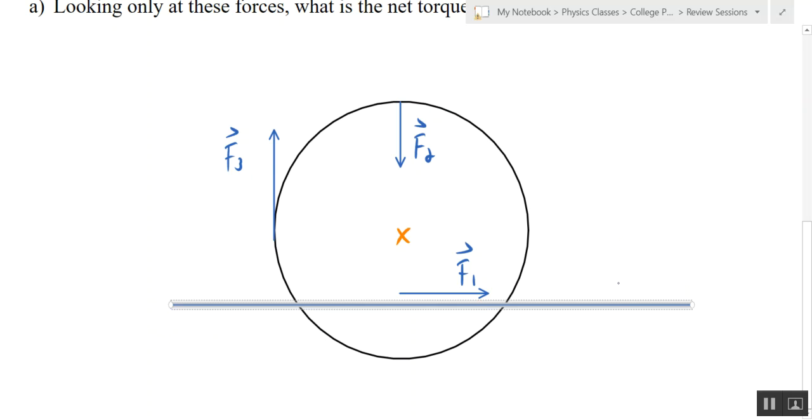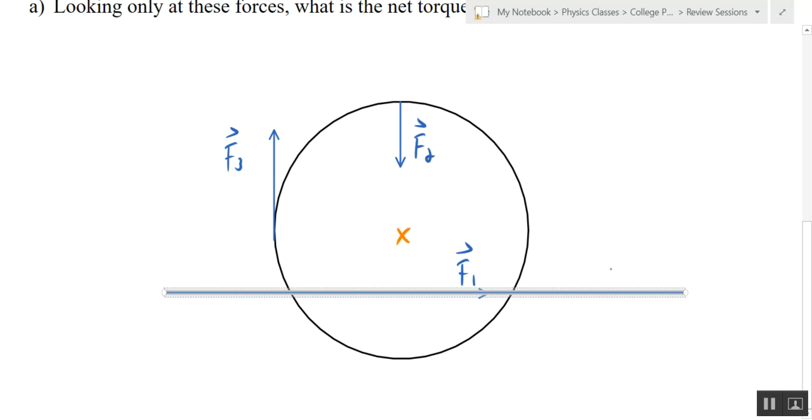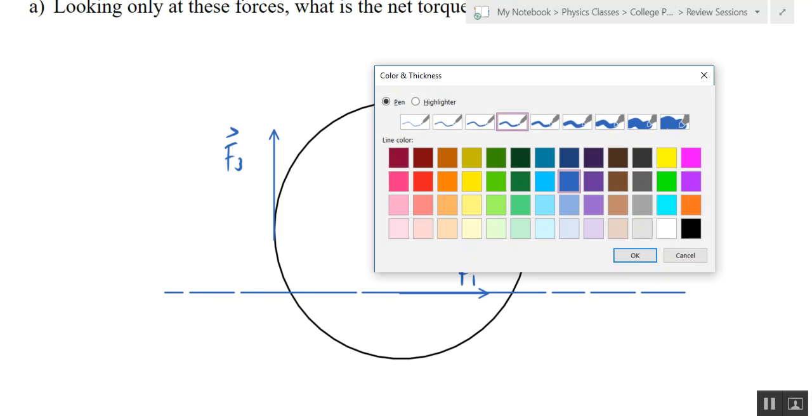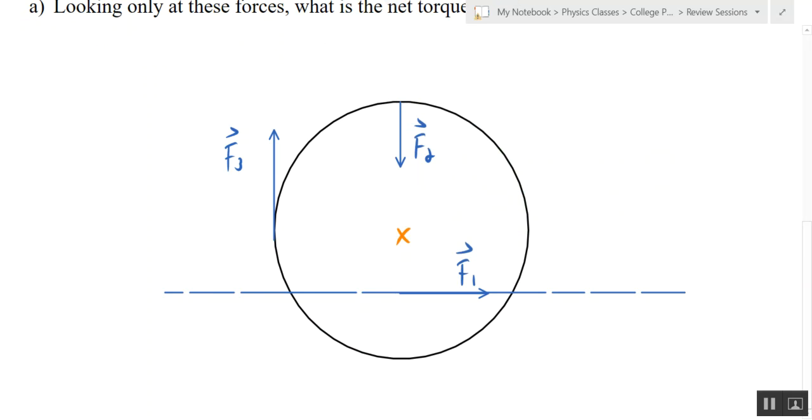You draw your line of action, right? And then you draw a line from your axis that is perpendicular to your line of action, which is this. If I call that the moment arm, what is that equal to?